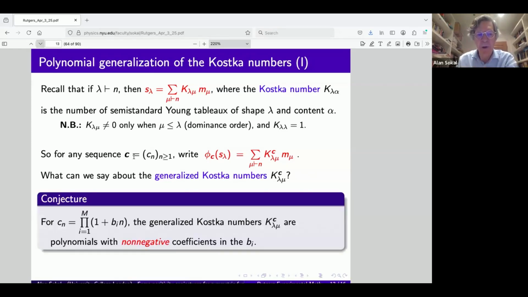In particular, what can we say about them when C_n's are a product of 1 plus B_i n's? And what I conjecture is that these generalized Kostka numbers are polynomials with non-negative coefficients in the B's. If this were true, then it would prove all of the previous conjectures. That's Richard Stanley's idea, right?